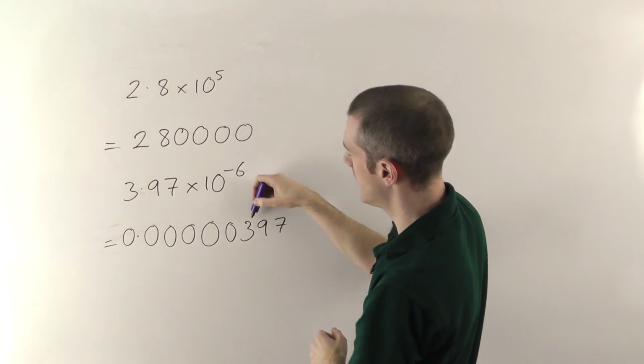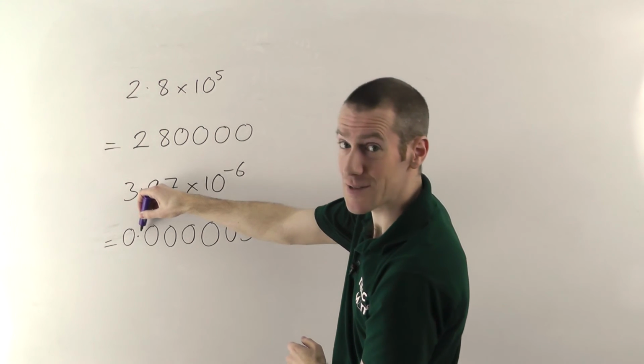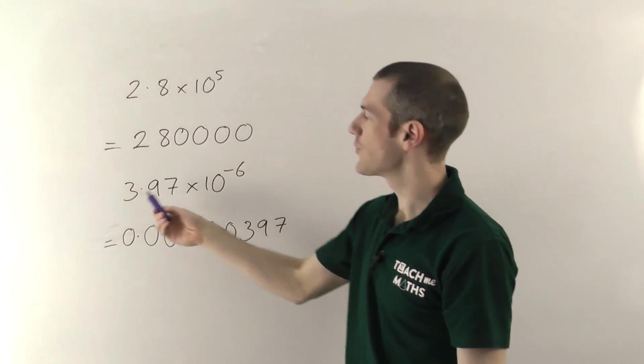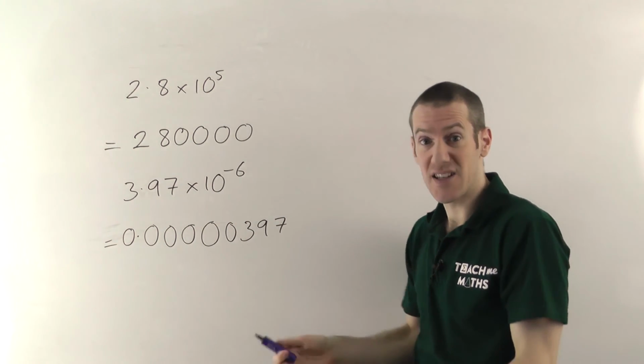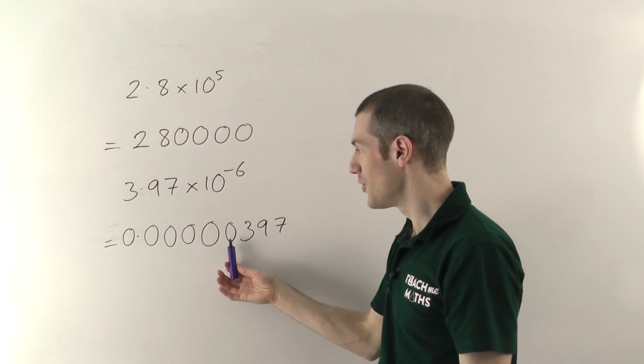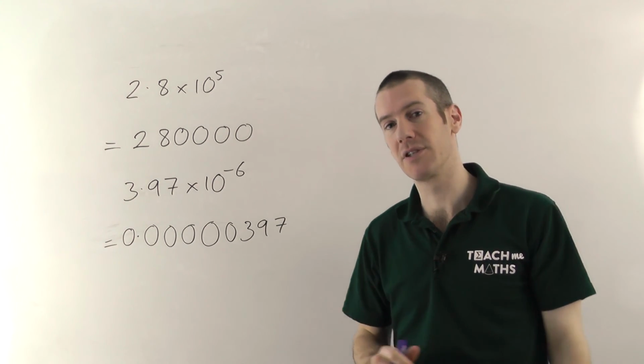Yeah, so from here it's going to go 1, 2, 3, 4, 5, 6 places to get there, because the power is 6. So 3.97 times 10 to the minus 6 as a normal number will be 0.0000397. Again, you could round it if you want to, that's completely up to you.